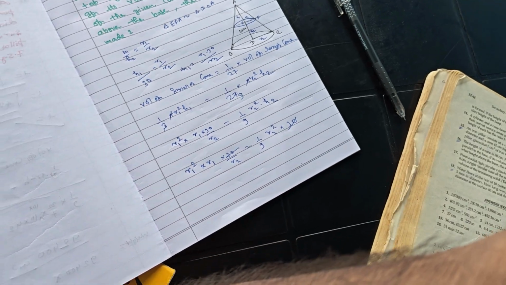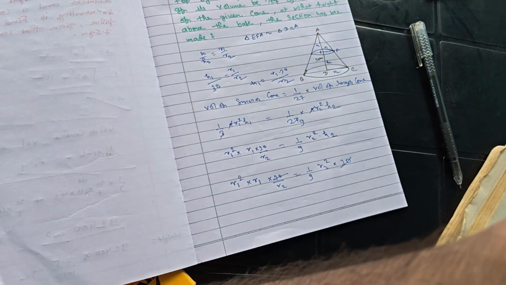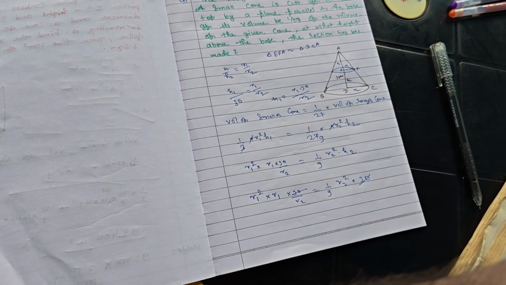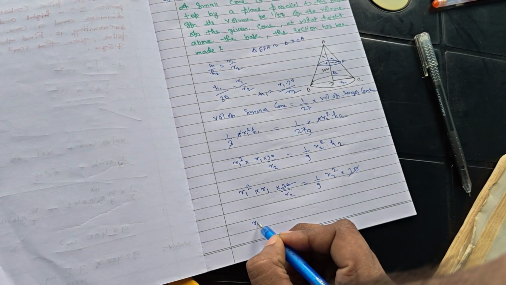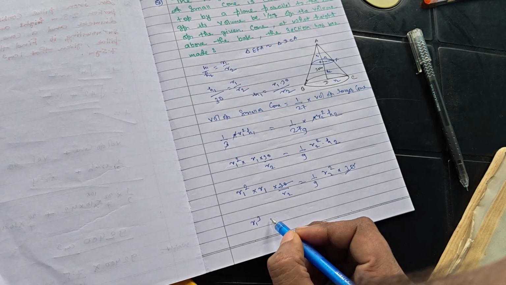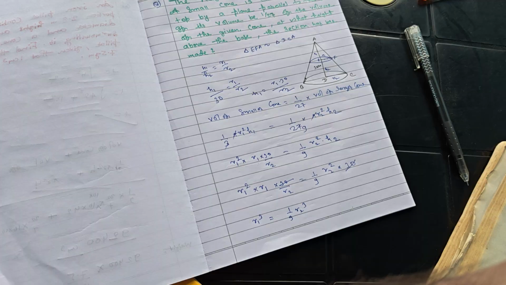30 cancel. r1 cube is equal to 1 upon 9 r2 cube.